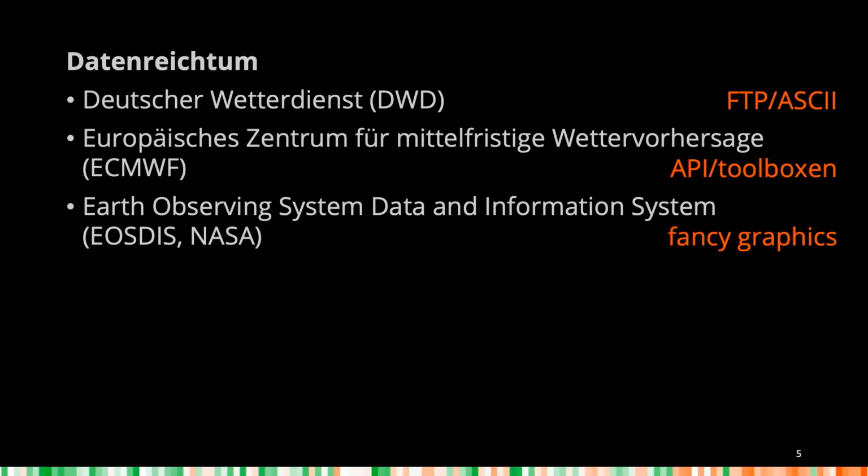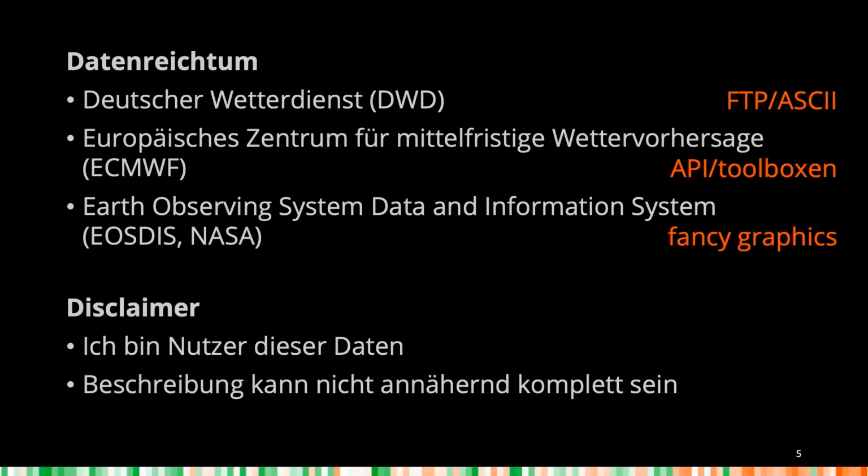I'm talking about APIs for data download with toolboxes to download and analyze. And I don't know if we get to the third point. There will be a little color in my presentation before this. So I'm showing what I found in this data because I'm a user of this data. So the description cannot be complete, even close, but there was a nice talk about climate modeling, which I can recommend.